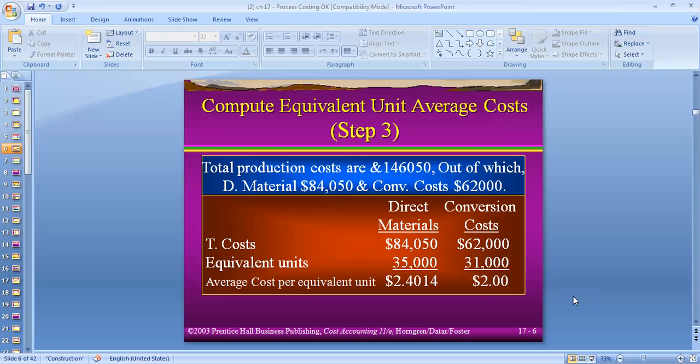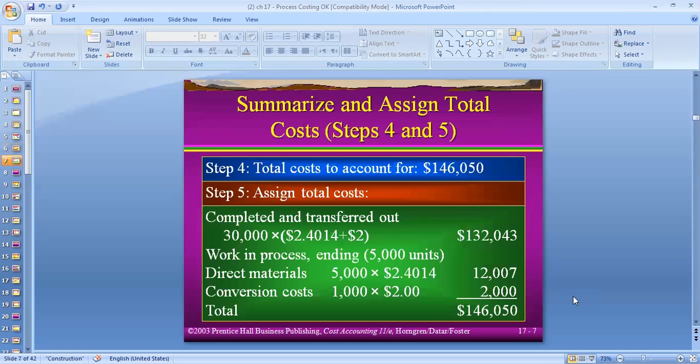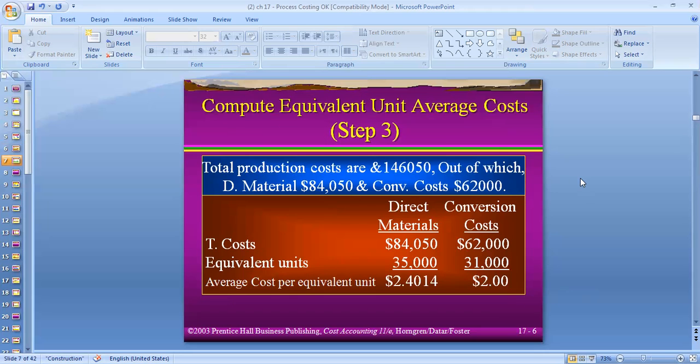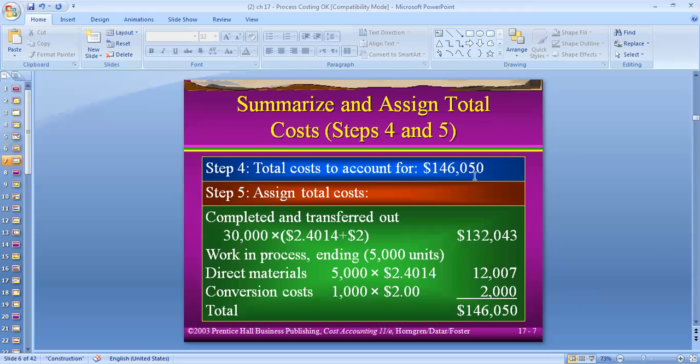Now we want to prepare the in cost and the out cost, like this. Steps 4 and 5. Step 4, total cost to account for 146,050. That is direct material, as we told you, 84,050, and conversion cost 62,000. Both together give me 146,050. We put it in detail while we are preparing our solution in the live face-to-face lecture.